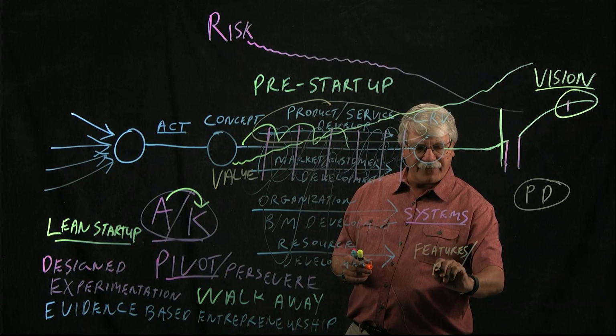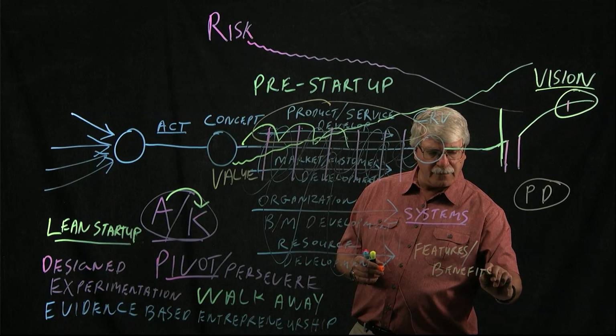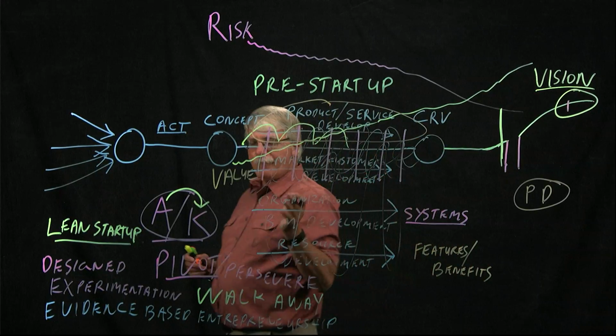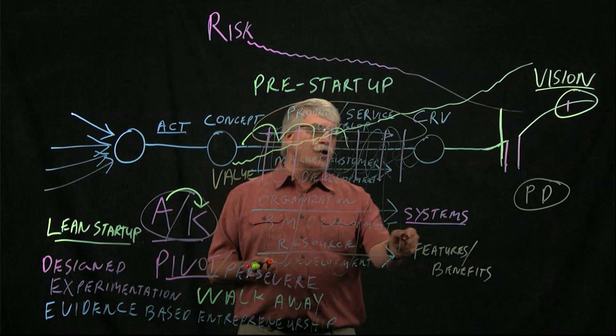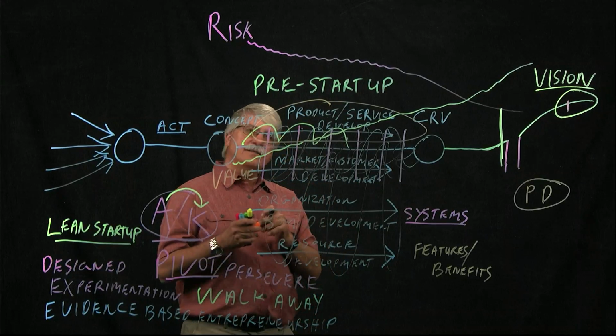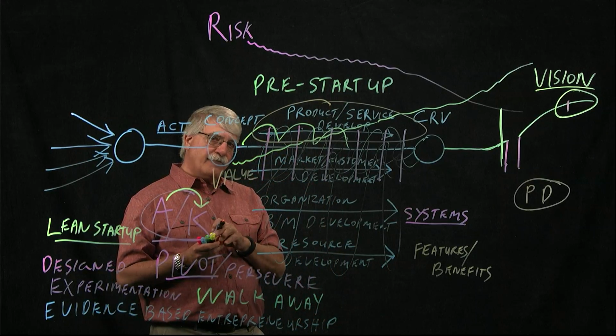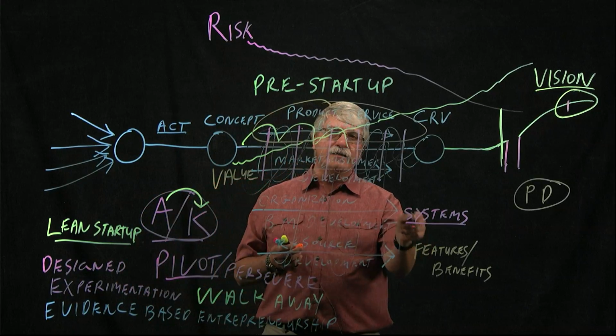I want you to consider, in terms of product development, we think in terms of features and benefits. A feature is something that you're going to design in your particular product. This is the technical aspect of product design. What kind of features are you putting into it?